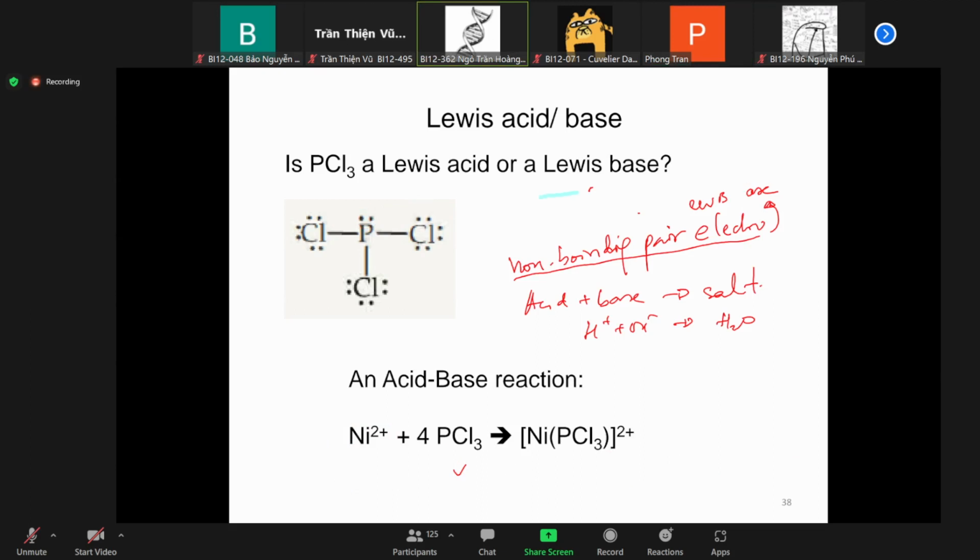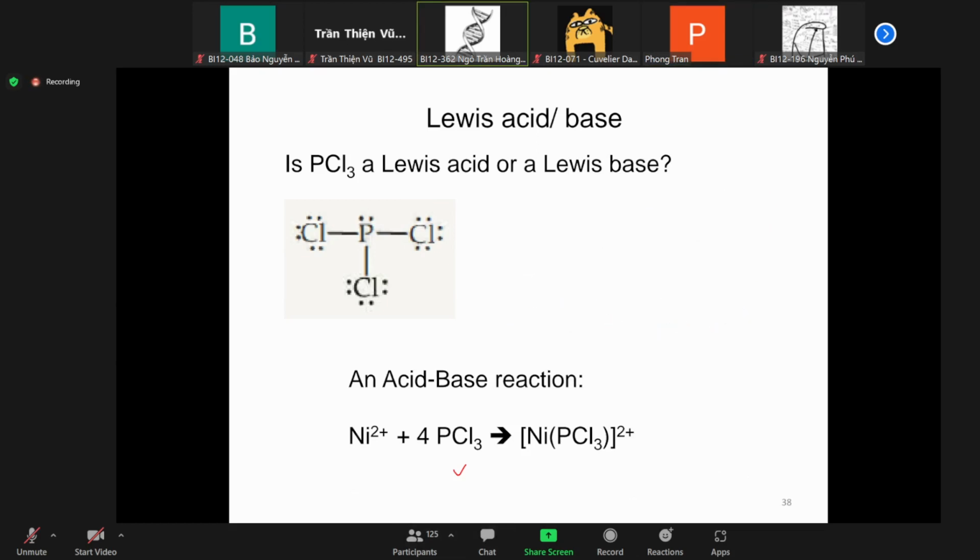Professor, I have another question. Please. Why doesn't the compound give electron pairs from the chlorine atoms? Because the rule when you draw out the Lewis structure is that you put the lowest electronegativity atom in the center and the higher electronegativity atoms outside. The electronegativity of chlorine is higher than that of phosphorus, right?